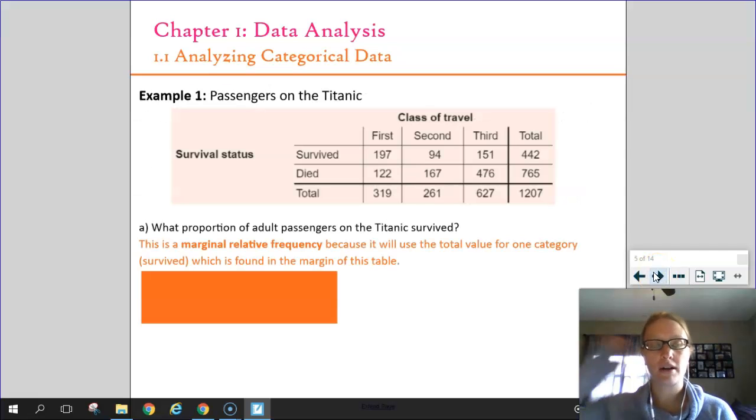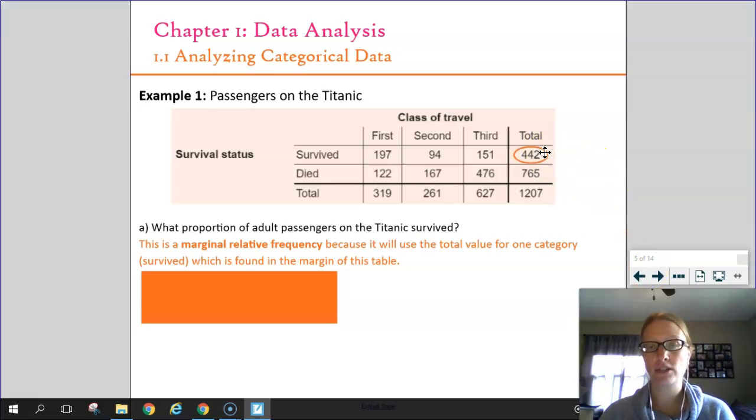Here we're back to our passengers on the Titanic. One question we could ask is what proportion of adult passengers on the Titanic survived? This is going to be a marginal relative frequency because to find the proportion of adults that survived, we're going to look at the total for the survived row. Notice that total is in the margin.